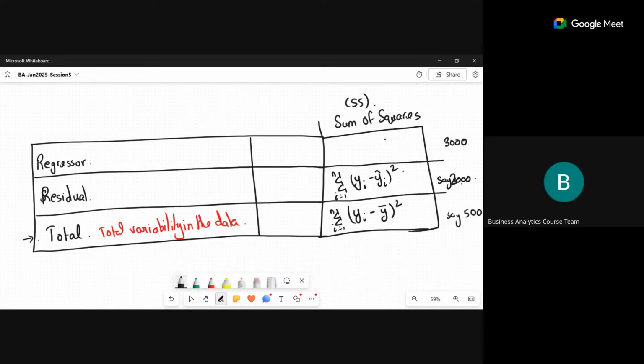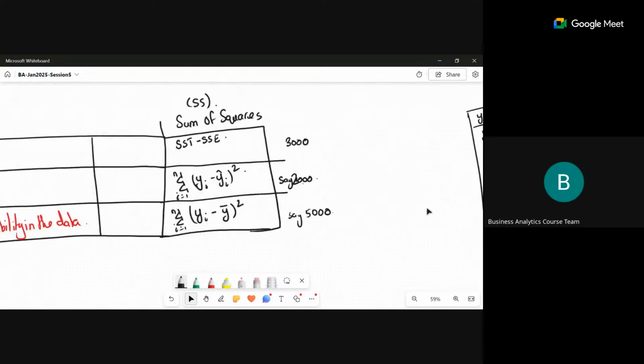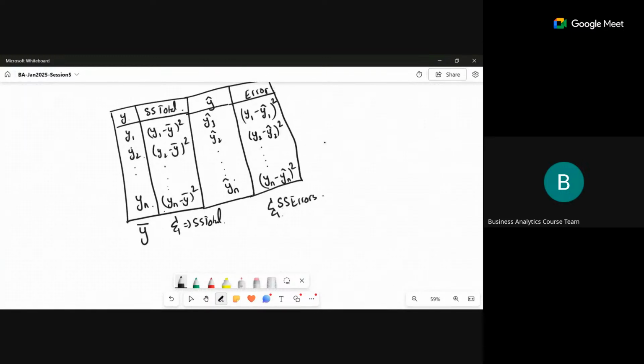Okay. So the regressor variability, you can basically take as SST minus SSE. This is basically error E, this is basically total T. This is known as SSR or sum of squares of regression. Or what I can actually do is, for the regressors, I can sum up something to get the SS regressor. I take the difference between y bar for the data and yi hat.